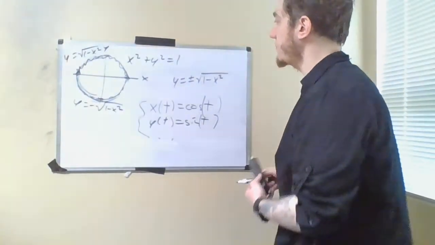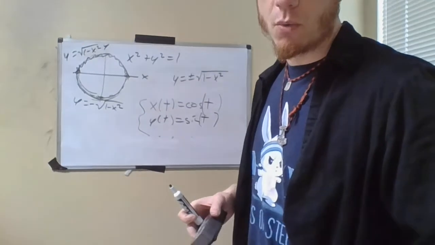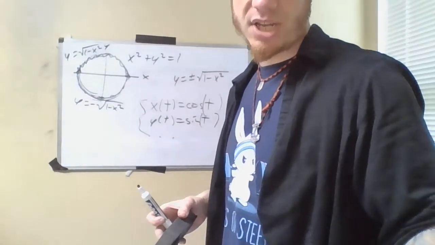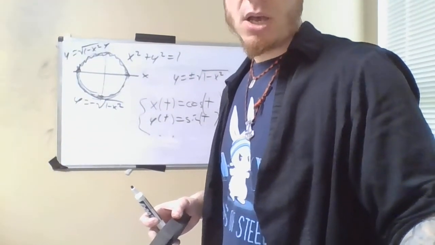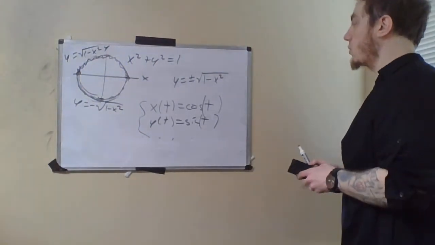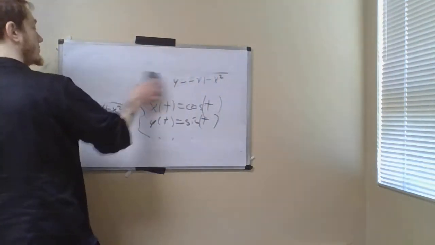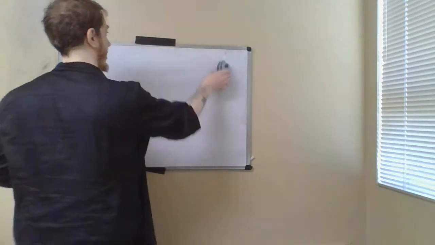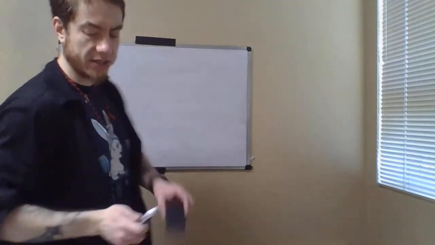Now, another thing that we could do with these parametric equations is, well, you can end up with some really, really cool looking things when you do this. And this is where I would like you to play around with a parametric equations grapher online for a bit and just see what happens.